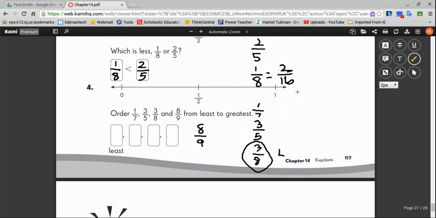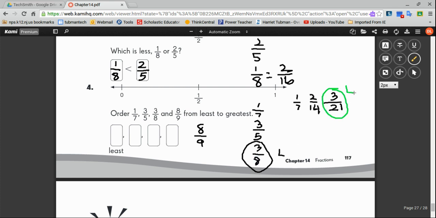So if I keep comparing, I know 1/7 is the same thing as 2/14, which is the same thing as 3/21. So now when I compare 3/21 and 3/8, I know that this right now is smaller than this.